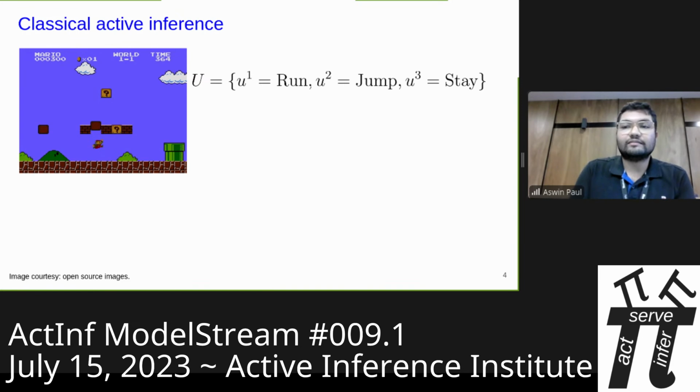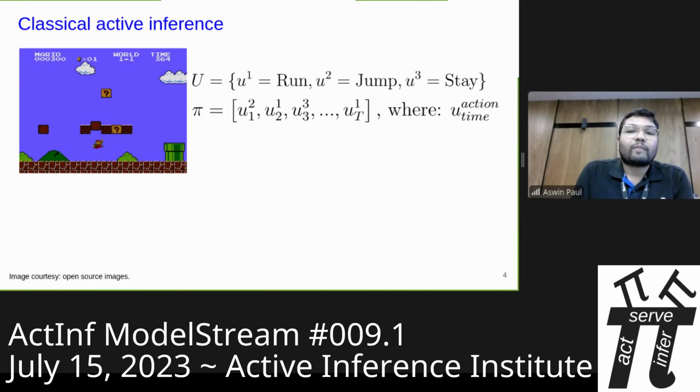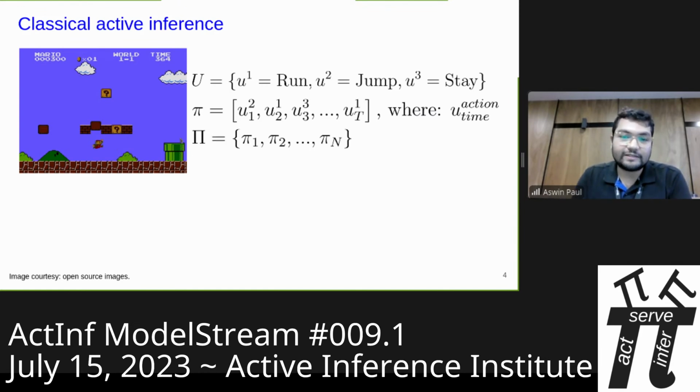So in this toy model, you have 3 available actions: run, jump, or stay. And given these actions, you can define a policy pi, small pi, which is a sequence of actions in time. And capital T is the time horizon of planning, or the length of your policy. And you have a policy space with many such policies, small pi.